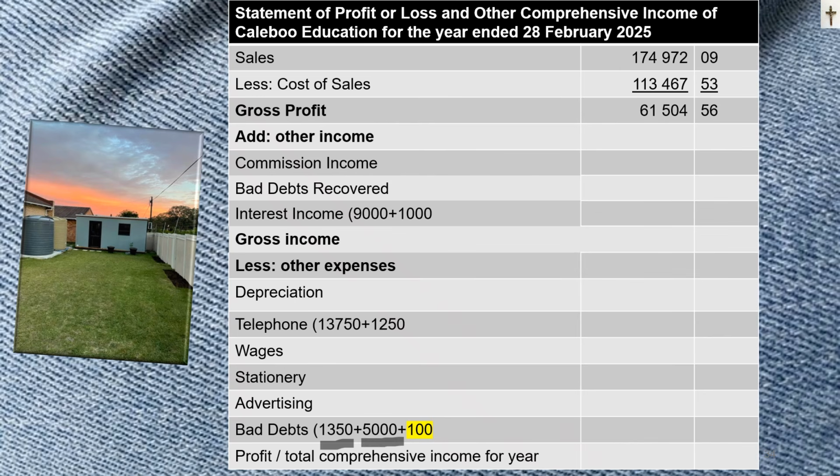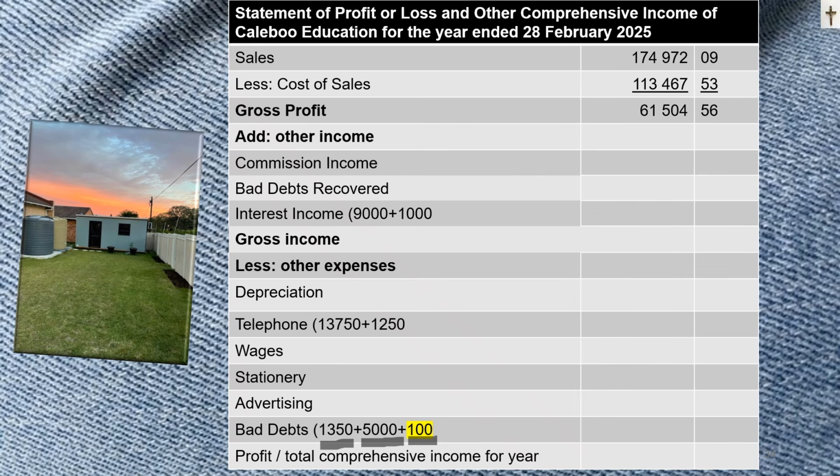The 5,000 was the varsity college student that went insolvent, and now there's an extra 100 because the provision for doubtful debts was made bigger by 100. Remember, you can go back in the video and have a look at explanations anytime, you can move back.